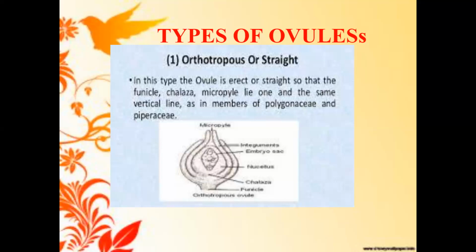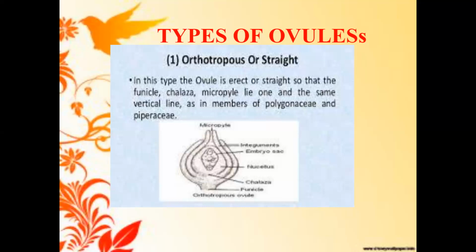Many types of ovules are found in angiosperms, based on the position of the micropyle in relation to the funiculus and other parts of the ovule. Six types are identified: orthotropous, anatropous, hemianatropous, campylotropous, amphitropous, and circinotropous.